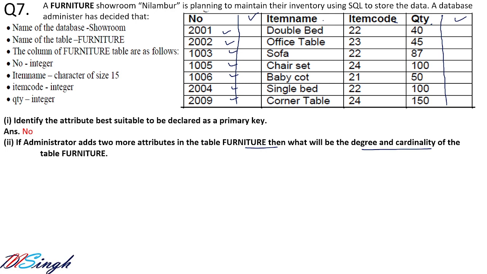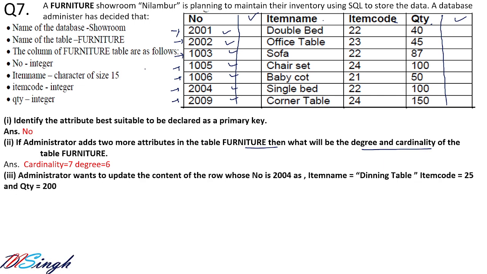Okay, fine. How many are previously? Four are previously. 4 plus 2, how many? 6. So what is the degree now? 6. And what is the cardinality? Cardinality is no change. So let us count the data rows. 1, 2, 3, 4, 5, 6, 7. These are the data rows. So cardinality is 7 and degree is 6.